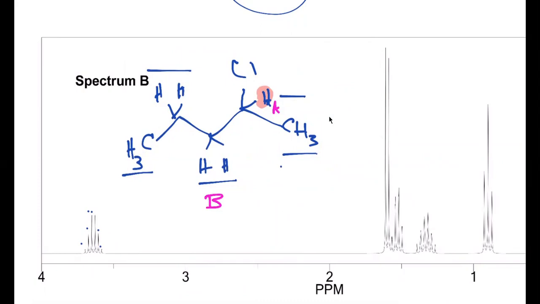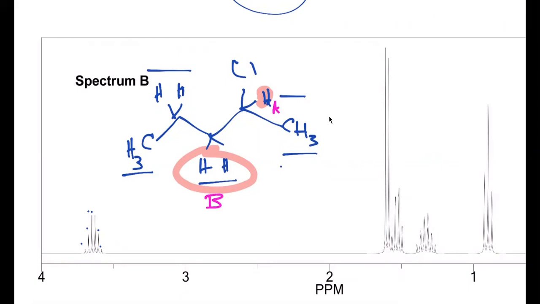Well, in this case, I guess it would be considered chiral, but this is done in a simulation. It's not picking up the chirality. Because then, if that was the case, these 2 protons right here would be diastereotopic. That's a great observation. But we're going to approach it as if it's achiral. Very good observation.